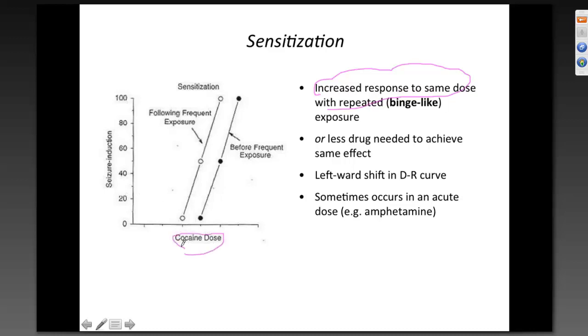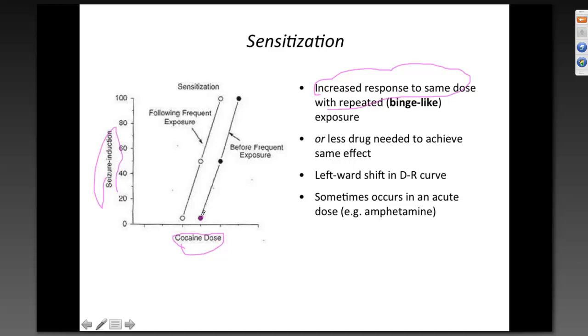They're using cocaine as the drug itself, and cocaine's ability to induce seizures as the reaction. So the idea is that in the beginning, you have this dose way out here, 1, 2, 3, 4 units, okay?